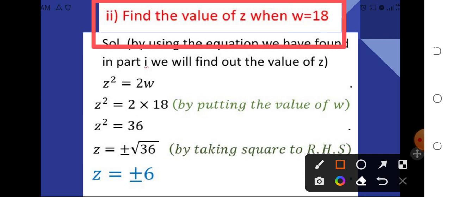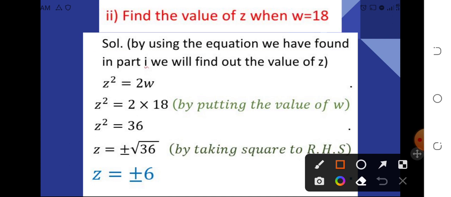Here they have given us the value of W, which is 18, and we have to find the value of Z. So we will take the equation we found in part 1, Z square is equal to 2W, and put the value of W in it to find the value of Z.